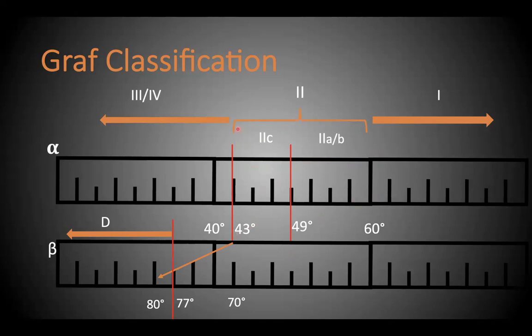In a patient who has an alpha angle between 43 and 49, if you measure the beta angle and you get it more than 77, then Graf has classified them as a type D hip, or a decentering hip. A type D hip is not a 2D hip. It is only classified as Graf D, which means that the hip is decentering.